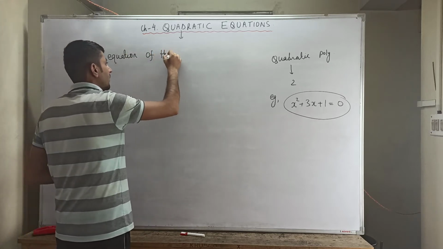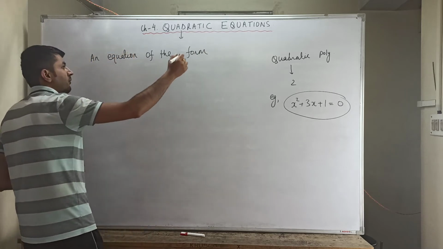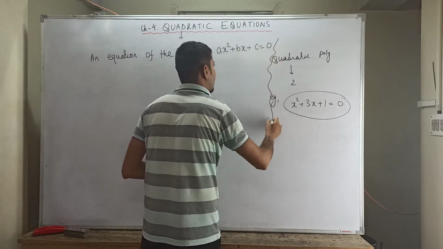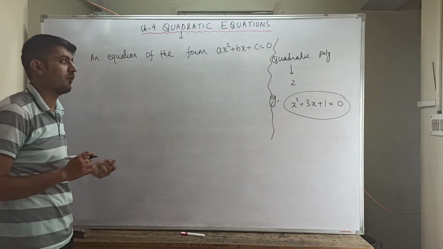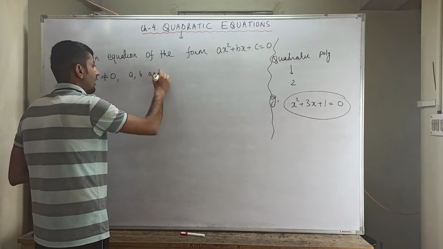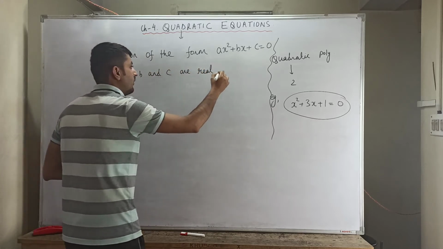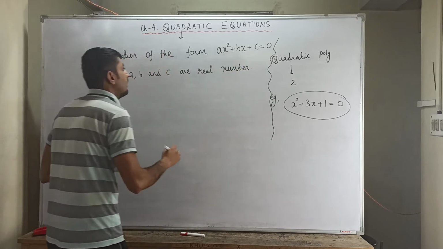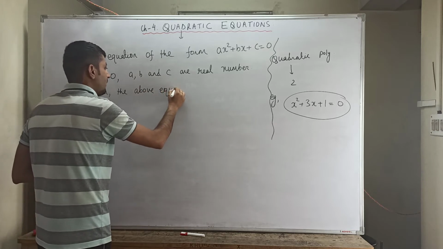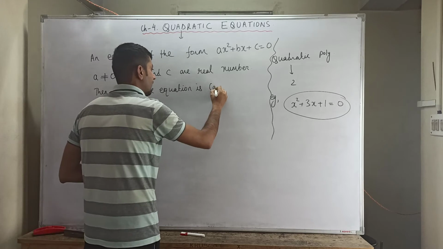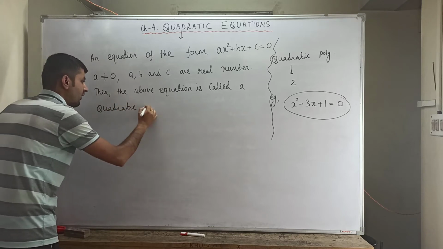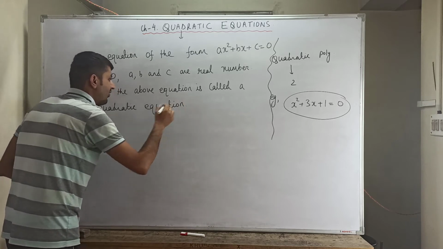An equation of the form ax square plus bx plus c equal to 0, where a should not be equal to 0 and a, b and c are real numbers, is called a quadratic equation.